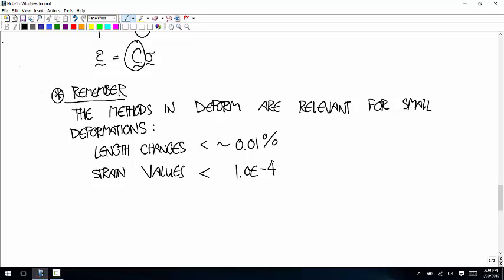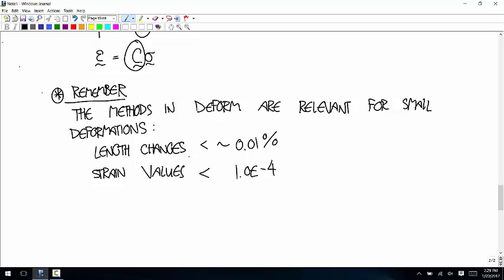I haven't defined strain yet, so it'll make more sense when I talk about that. But as I draw pictures and go through example problems with strain, my examples are always going to have deformations much, much bigger than this.